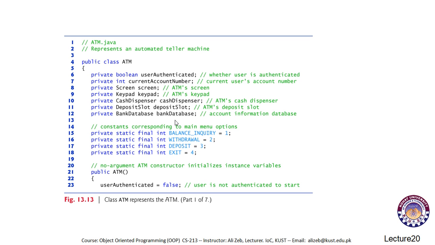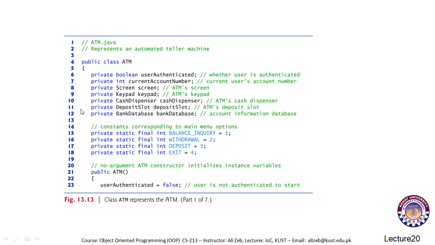Similarly, if you remember, we said that we will offer a menu to the user to choose from, and that menu will have these four options, and we will proceed based on the choice that the user selects from the screen. We have declared them as constants since we do not want these options to be changed during the runtime of the program.